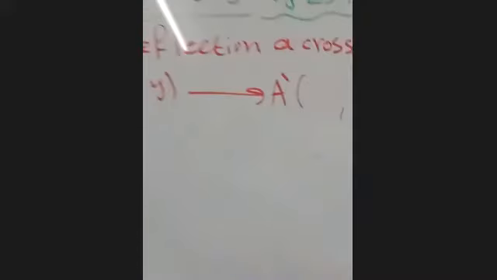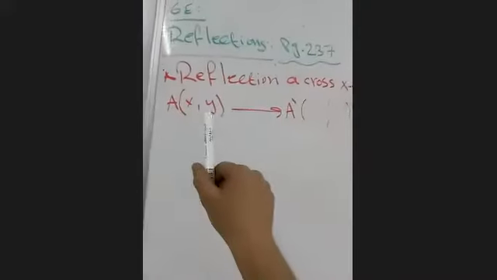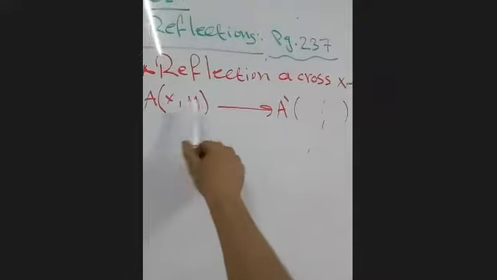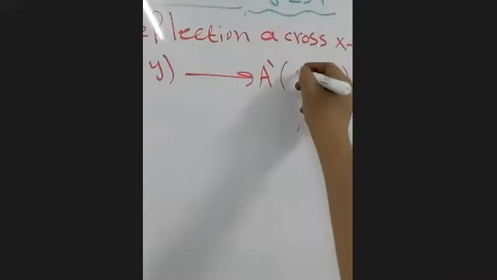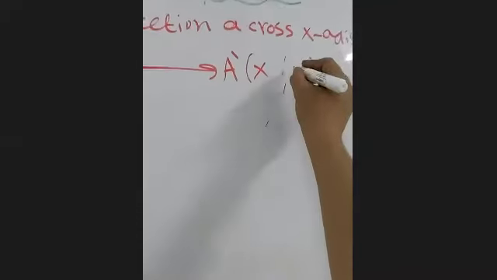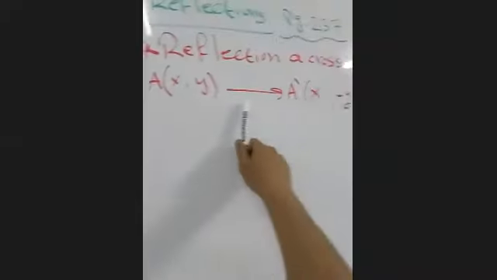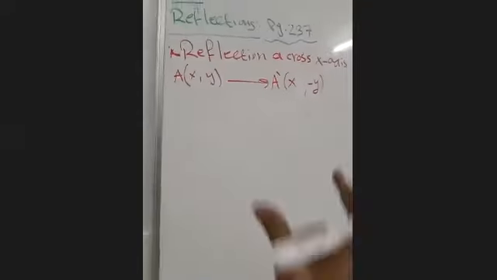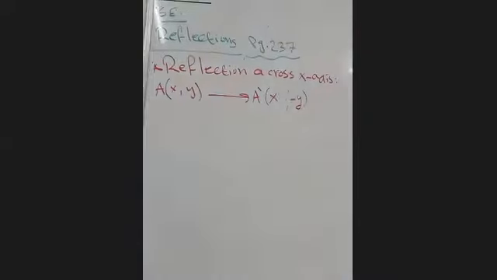And look here, across the x-axis, the x stays x, but we change the sign of the y. If y is positive, it will be negative. If y is negative, it will be positive, okay? This is the formula for reflection across the x-axis.